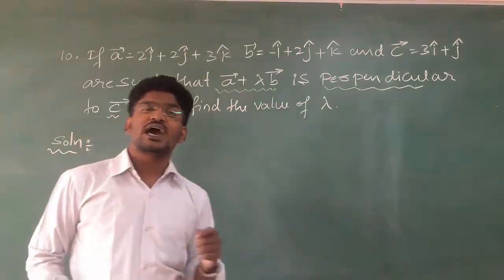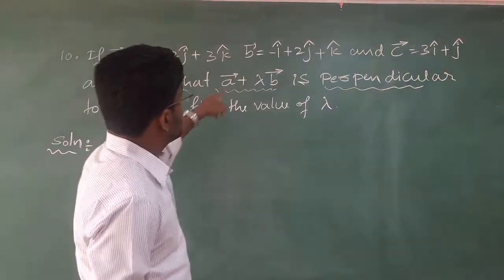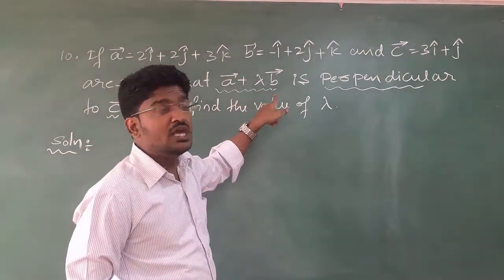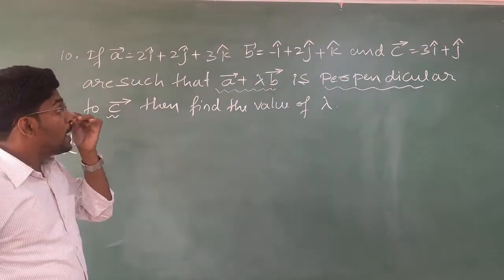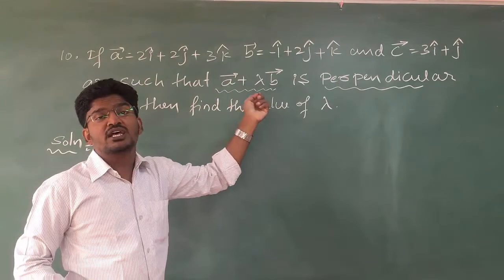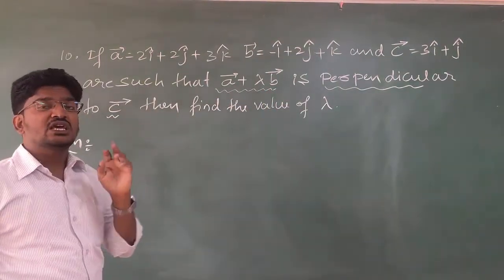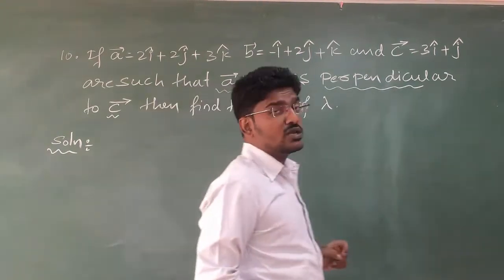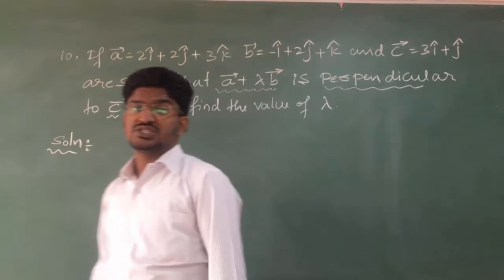So for that reason, A plus lambda times B is perpendicular to C means vector A plus lambda times vector B dot vector C is going to be equal to 0.